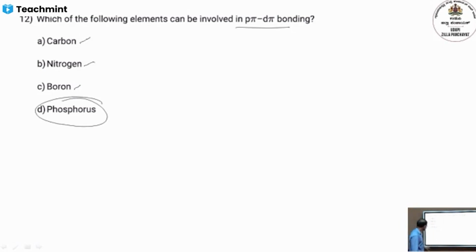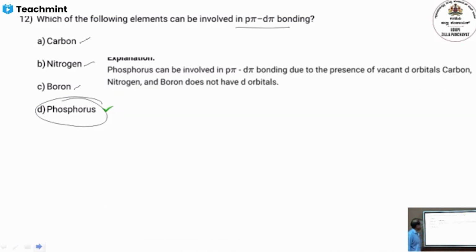So it has the d orbital there, and because of the availability of vacant d orbitals, that is the answer which has the ability to form p pi d pi bonding. Whereas these are in the second period, so they don't have vacant d orbitals available, and therefore they cannot form bonding involving the d orbital.